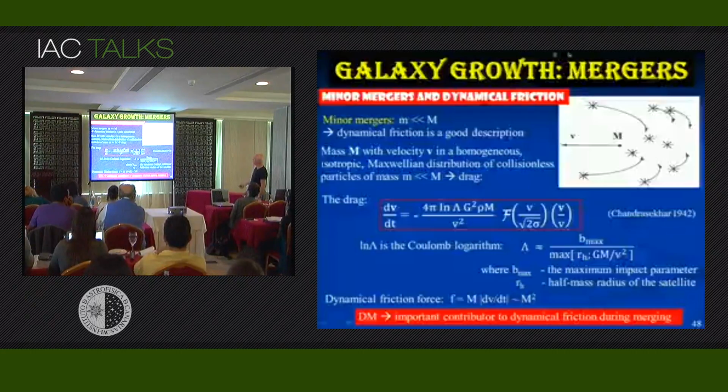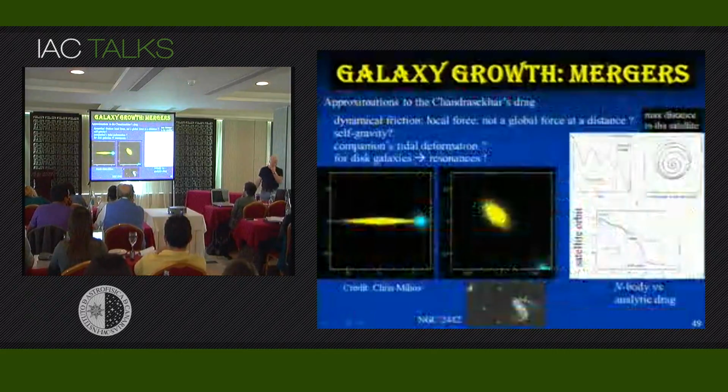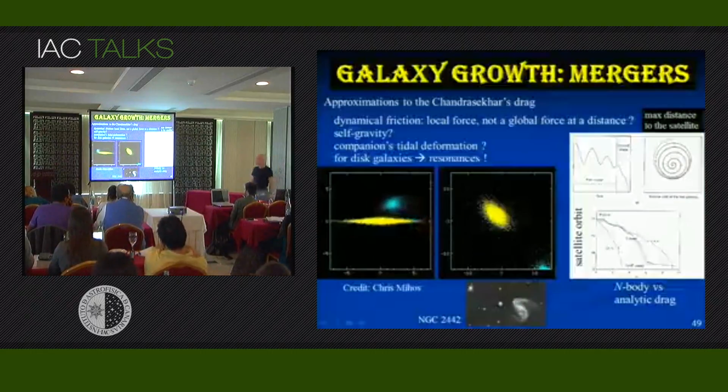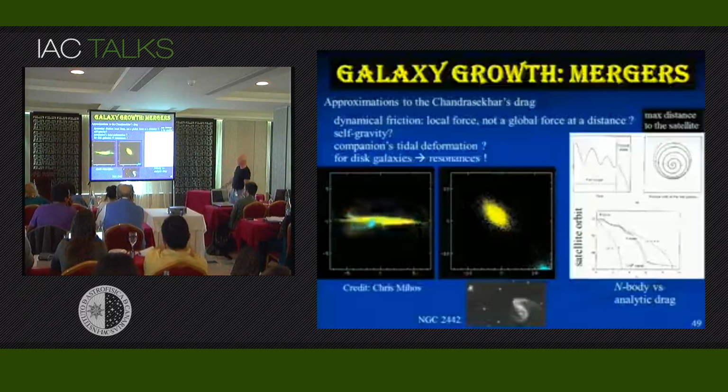So basically the dynamical friction force depends on the mass squared of the intruder. Dark matter, by the way, contributes dramatically to dynamical friction.